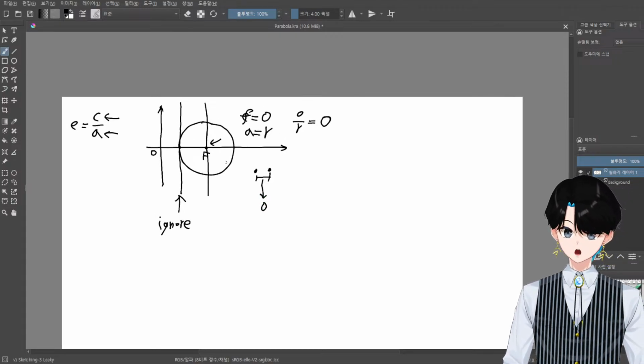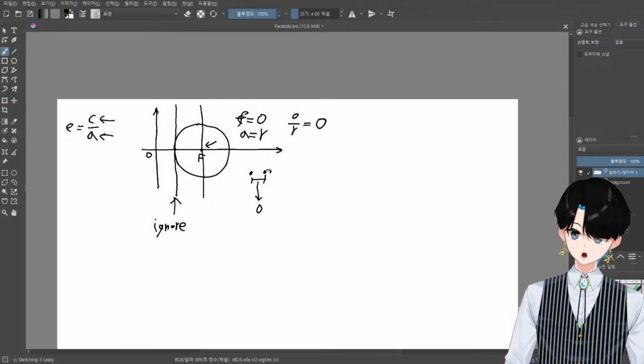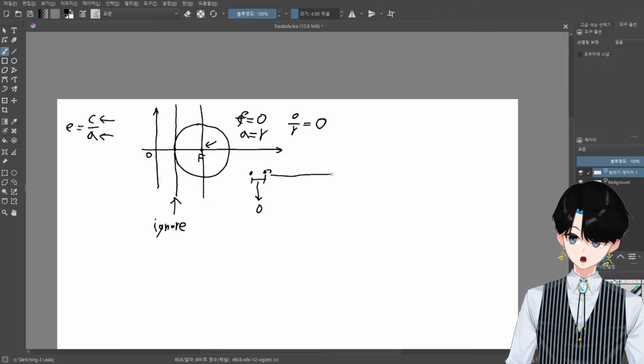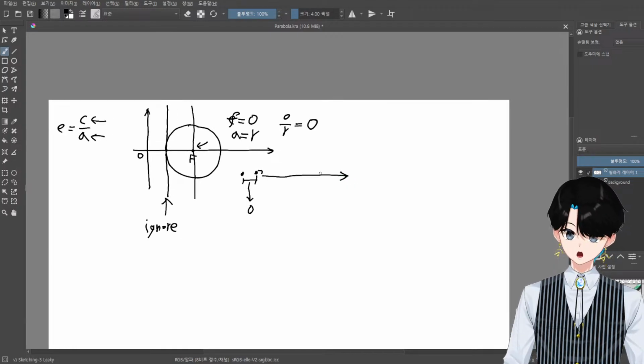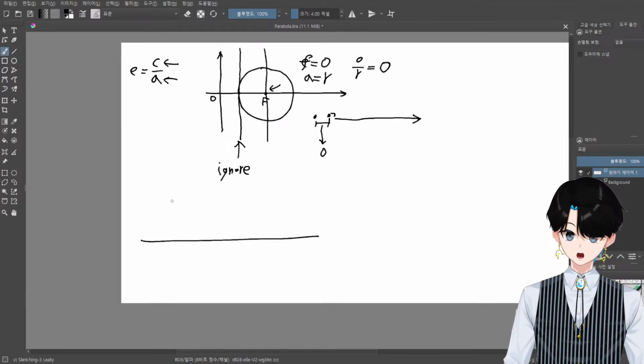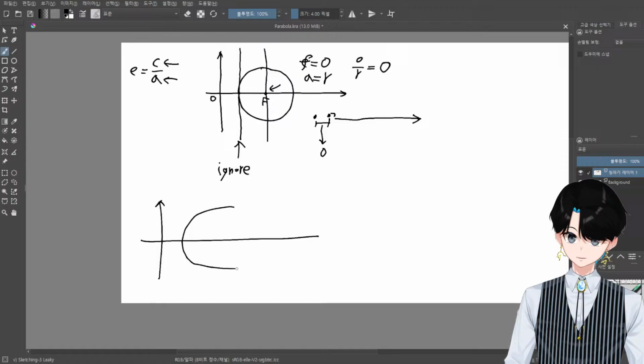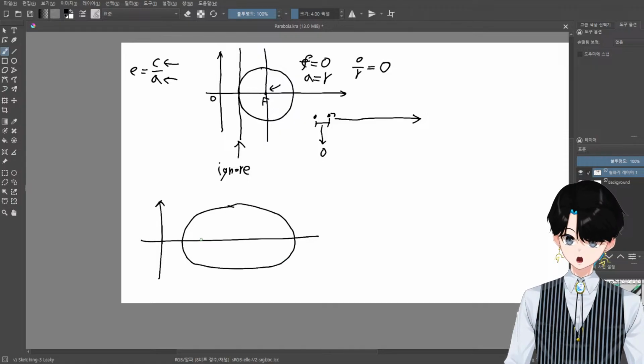Near 0 is what this is. So what we're gonna do is pull this one focal point infinitely. And that's when the circle becomes oval-shaped into an ellipse. Yeah, like this.